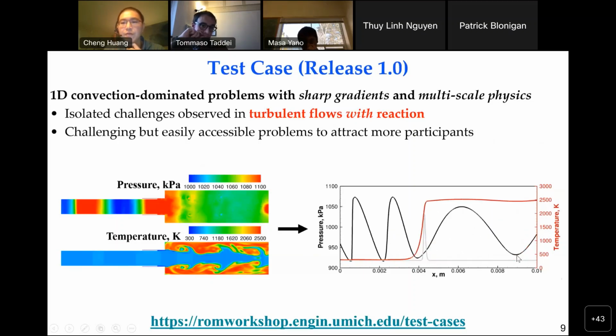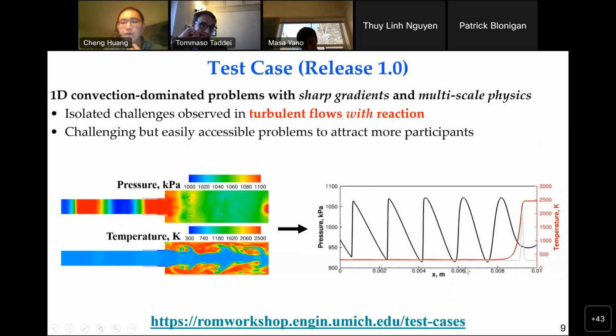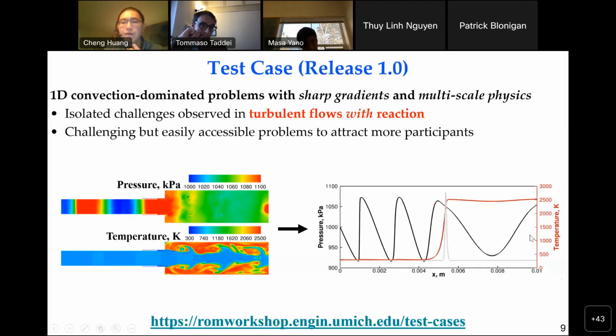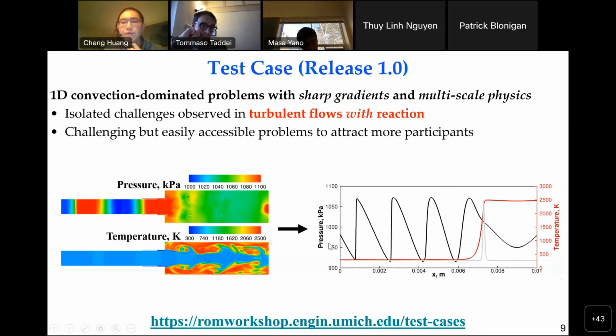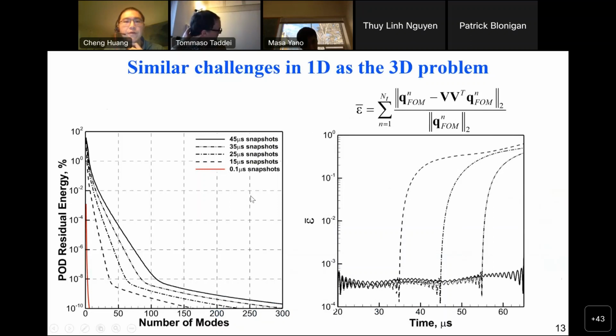What we are trying to do is include only a small portion of the training data and see if we can predict into the future. Let's say the whole transient process goes from 0 to 45 microseconds, and we are trying to see if 15, 25, or 35 microseconds of training data is enough. And again, you see a similar issue to the 3D problem.